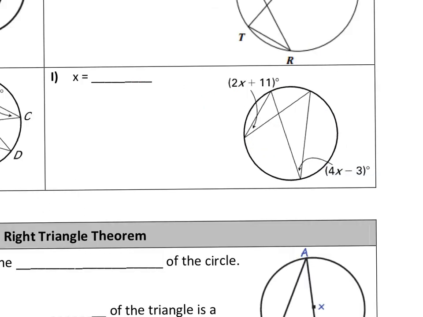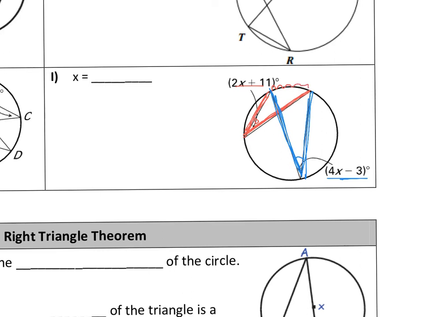For the next problem, once again, I'm trying to solve for x. So let's figure out where they're pointing at. This expression goes with this inscribed angle. And this expression down here, the 4x minus 3, goes with this inscribed angle. Now, what I want to notice about them is what they open up to.